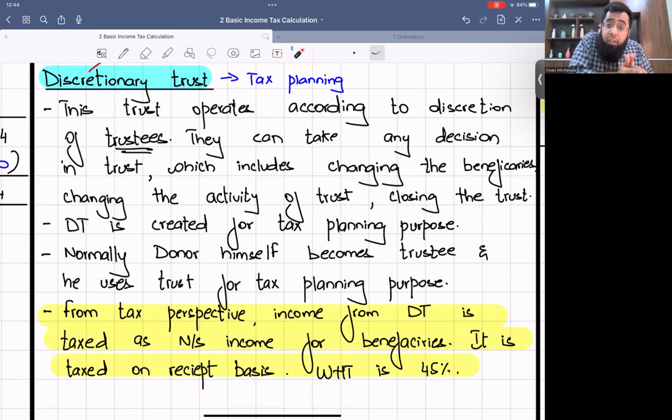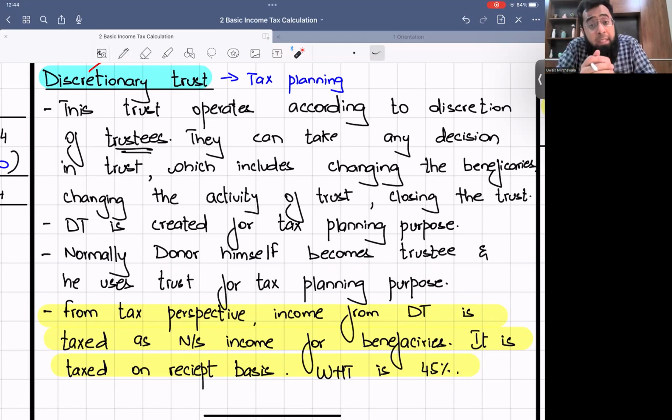So if your children are small or if you want the income to be distributed in systematic manner, you will never create a discretionary trust because the trustee may defraud you. He may change the beneficiaries after your death. So what happens in discretionary trust is that the donor himself becomes the trustee. The only objective of creating discretionary trust is to manage the income tax.